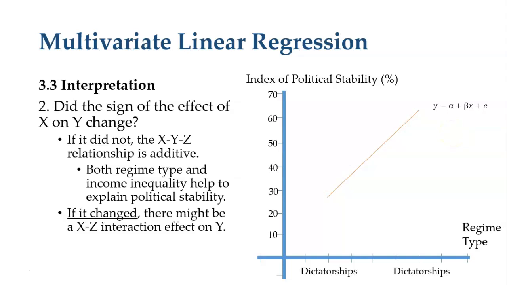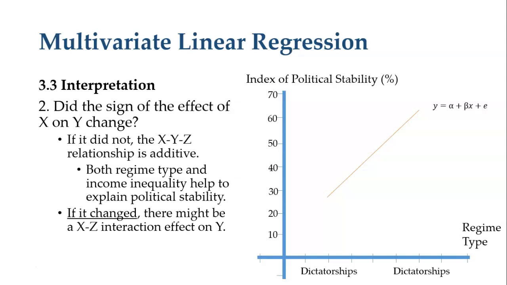If you see something like, if the blue line is negative, which means that democracies tend to be less stable than dictatorships, there might be something else happening. Maybe there is an interaction effect, or something else is happening and is explaining these effects.